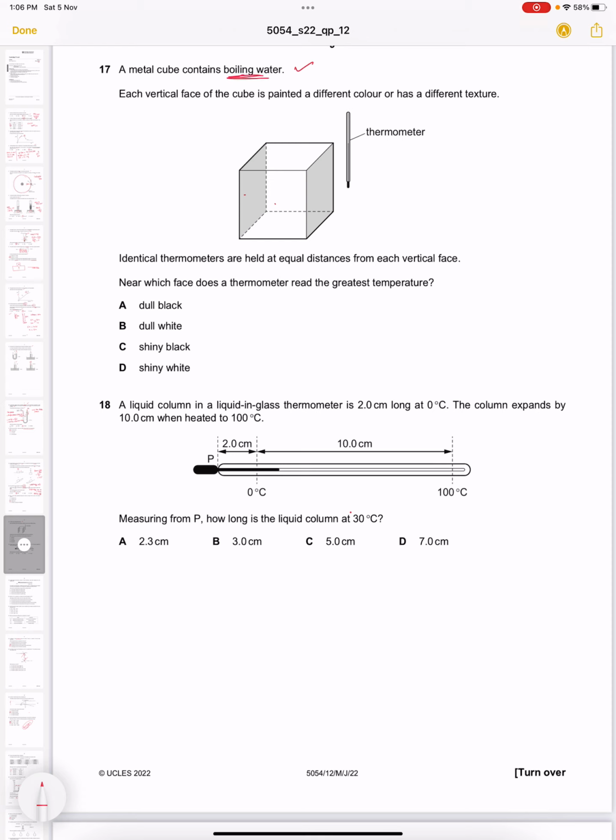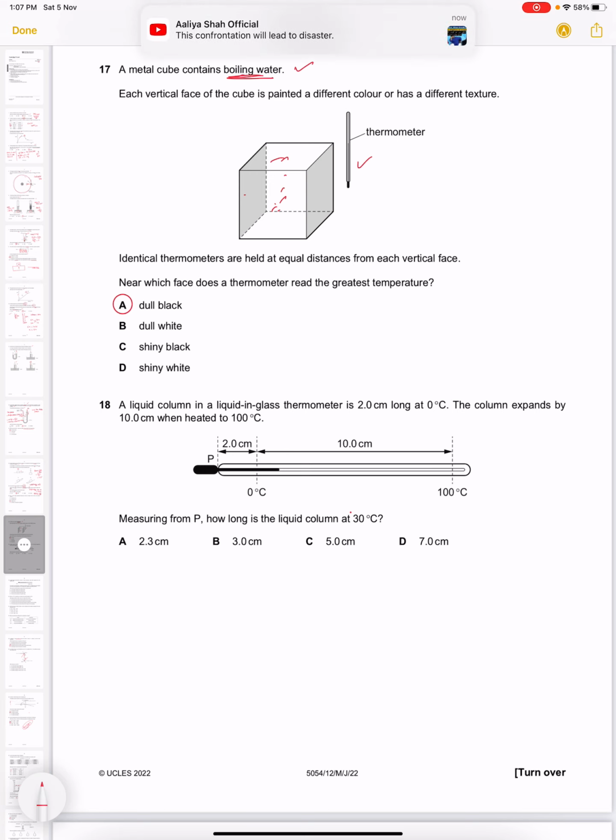Since it contains boiling water, it has trapped heat inside it. So the thermometer is reading the scale, and the face which is the good emitter will cause the greatest rise in temperature. And we know that good emitter is the dull black surface. Fine, so that's the correct option.